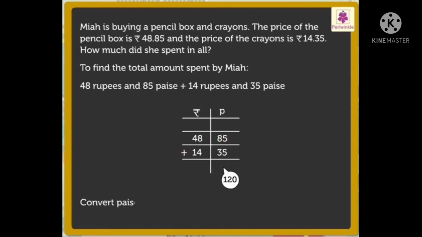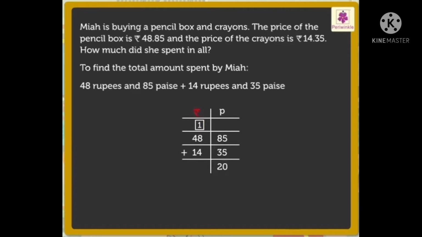Now, convert paise to rupee. We know that 100 paise is equal to 1 rupee. So, 120 paise is equal to 1 rupee and 20 paise. Carry 1 rupee to the rupees column and write 20 paise under the paise column.